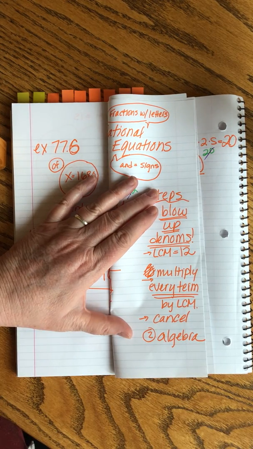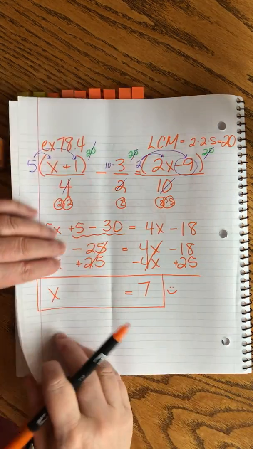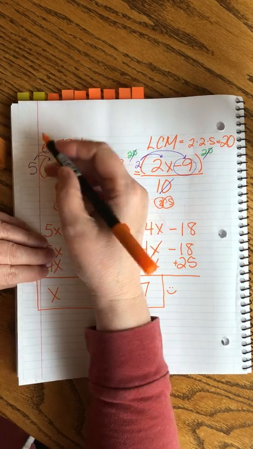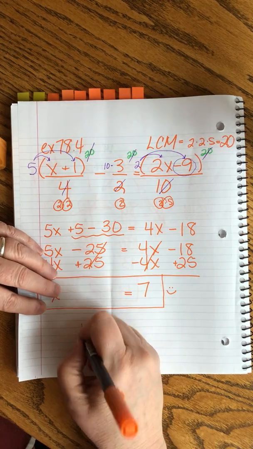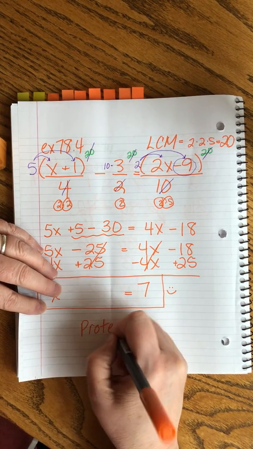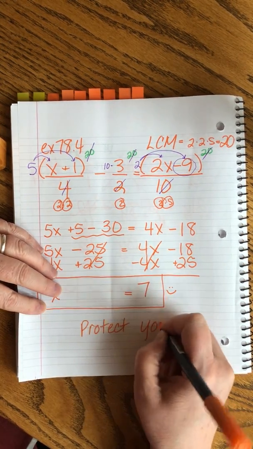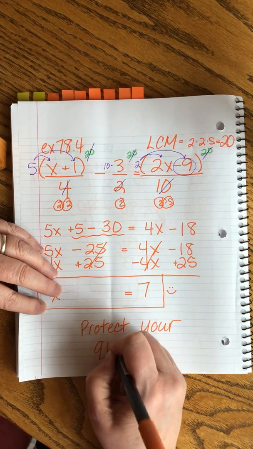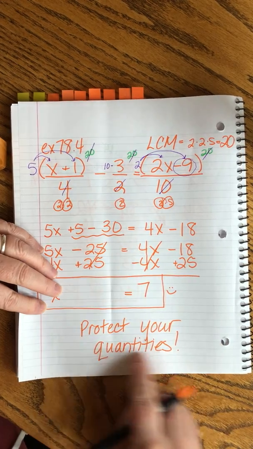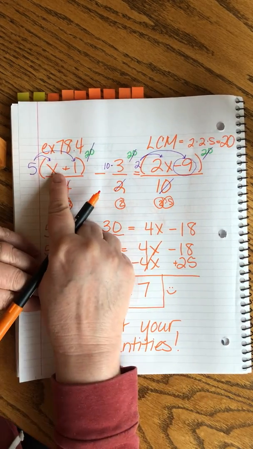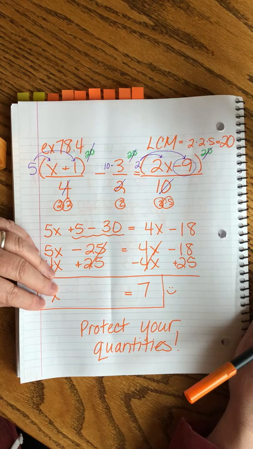The other thing I just want to remind you of is when you have quantities, protect them right away. Get parentheses around all your quantities, which is to say numerators that have more than one piece.